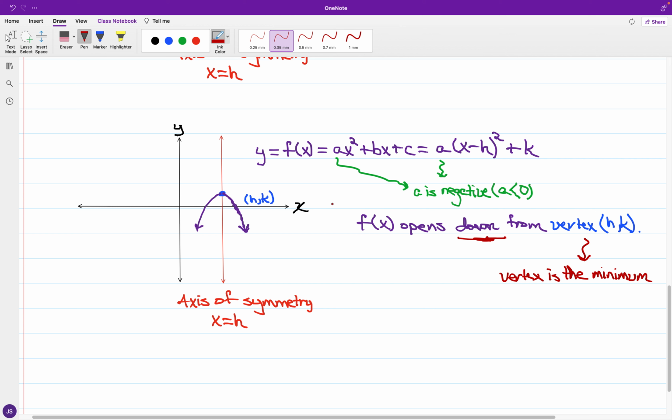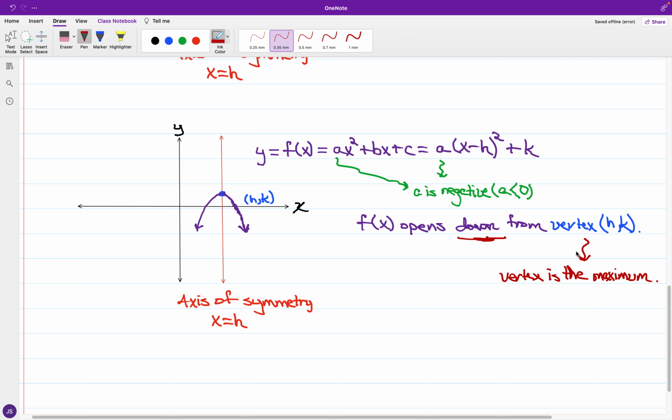In this case, you still have the vertex (h, k), and still have the axis of symmetry, x is equal to h, and again it divides the parabola into equal sections, and it always passes through the vertex. Whenever the graph opens down from the vertex, the vertex is the relative peak point, and this will be regarded as the maximum. So these are just general illustrations of what we have here.